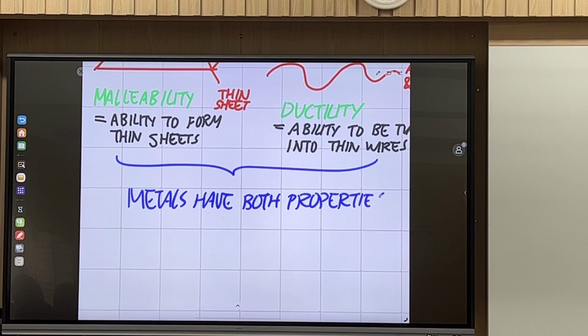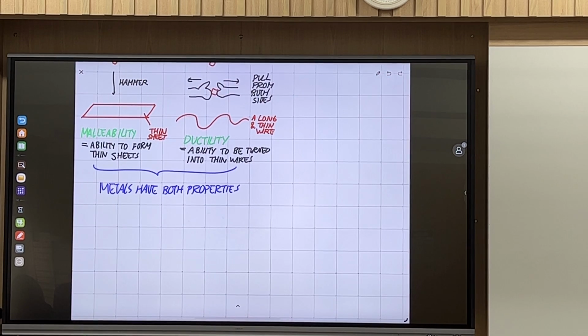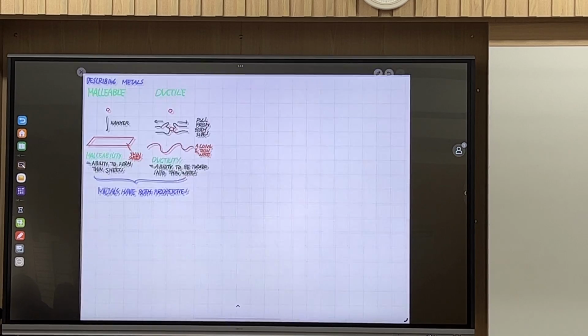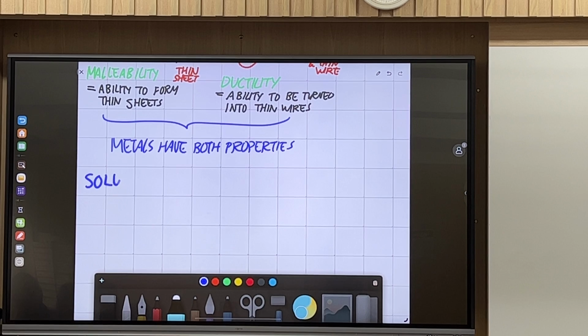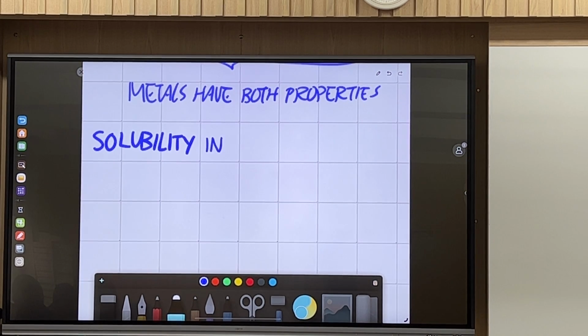And finally, to wrap this all up, what about the solubility in organic solvent and in water? Well, technically, metal is insoluble in both solvents. So solubility in solvent. When you drop a paperclip in water, it does not dissolve.